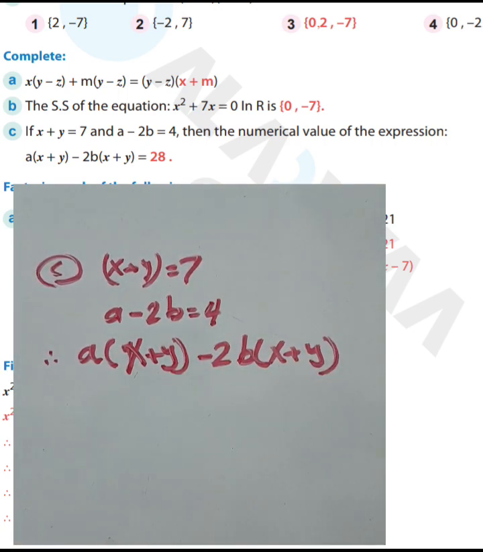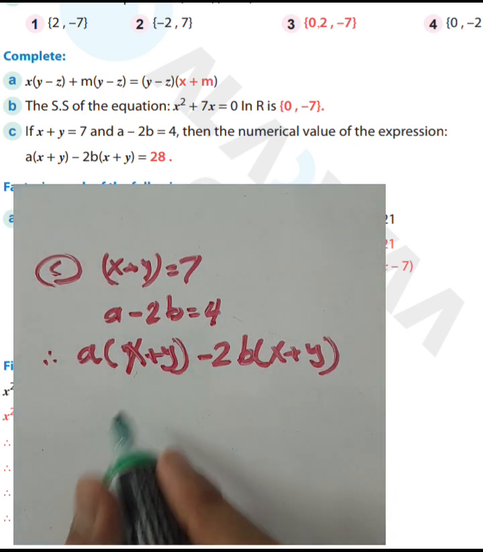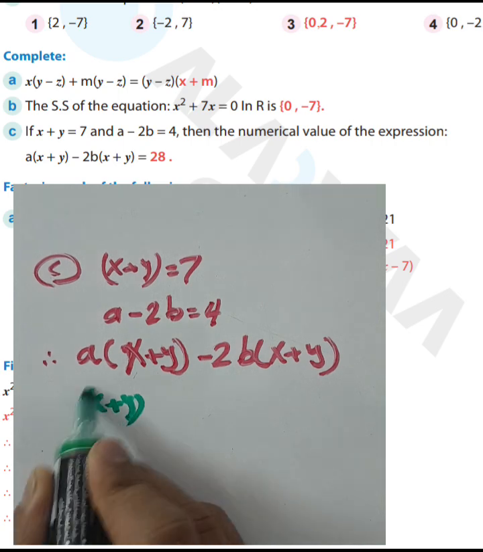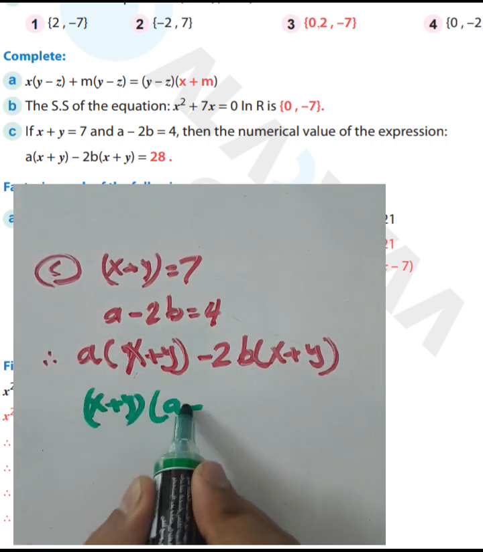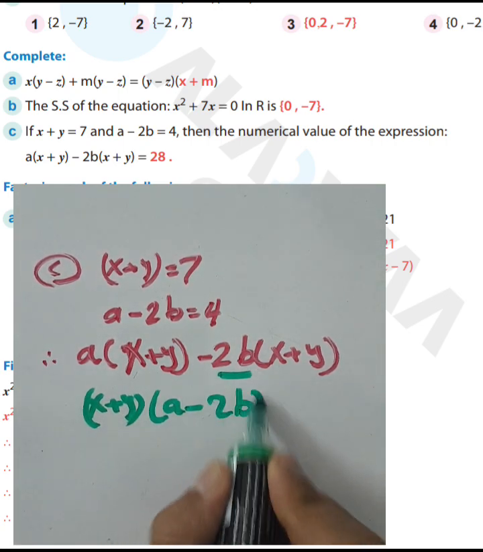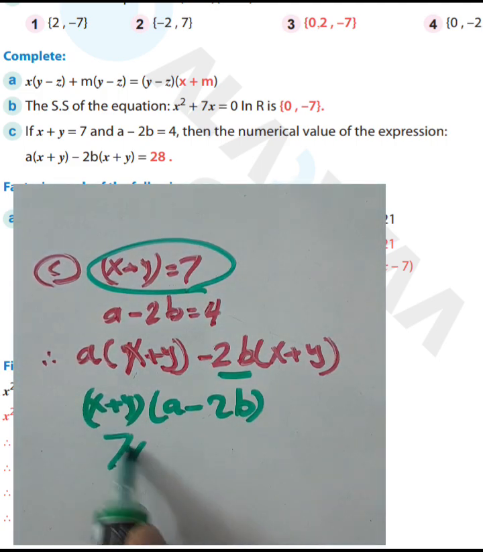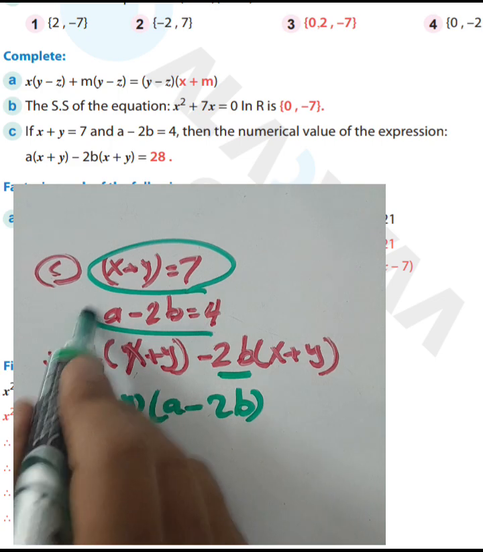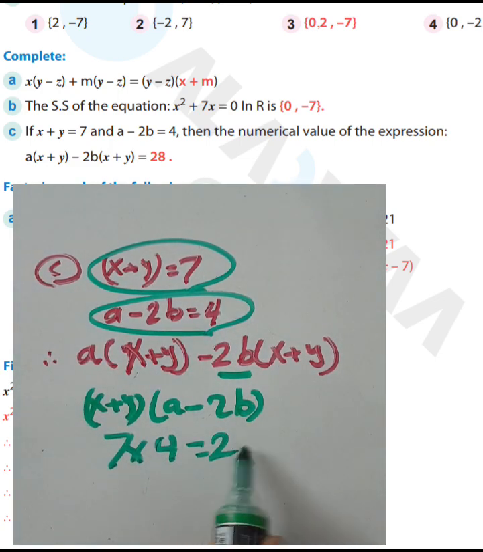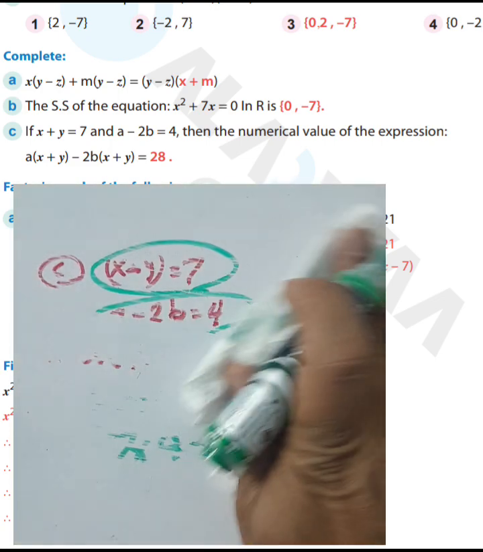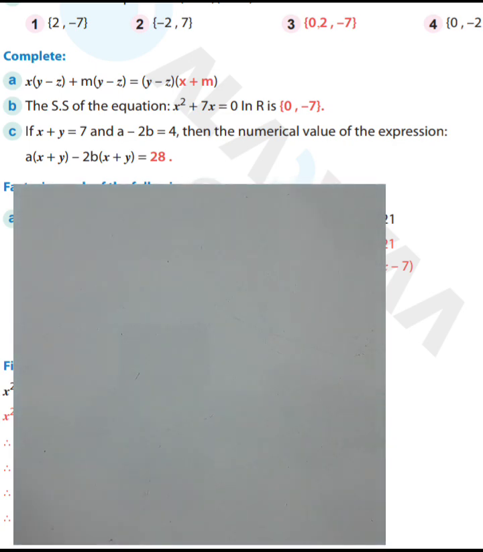We can write the highest common factor between two terms here. X plus y was repeating, right? X plus y outside, and the remainder here is a subtracted by 2b. He gives us the value of x plus y was 7 product by a subtracted by 2b equals 4. 7 times 4 equals 28. The result will be 28.